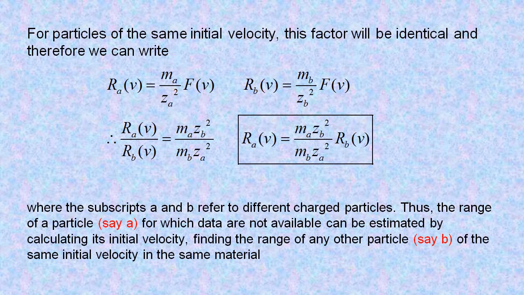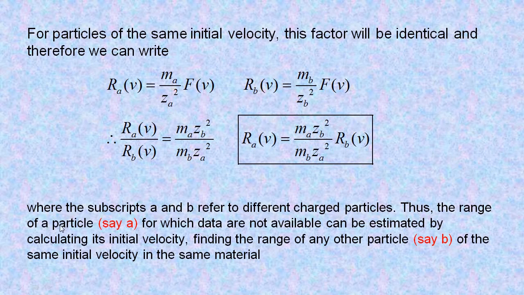For particles of the same initial velocity, this factor will be identical, and therefore we can write R_A(v) equal to m_A by z_A² times F(v), and similarly R_B. So R_A(v) by R_B(v) will be m_A z_B² by m_B z_A². From that you can find R_A(v) equal to m_A z_B² by m_B z_A² times R_B(v), where the subscripts A and B refer to different charged particles.